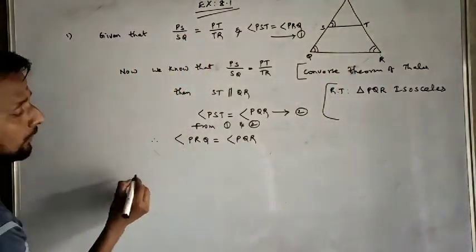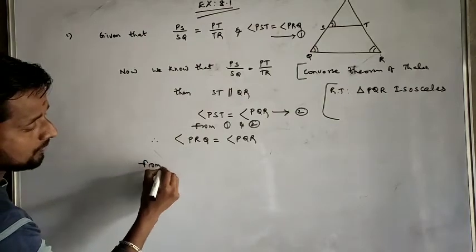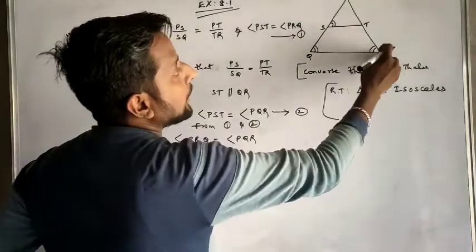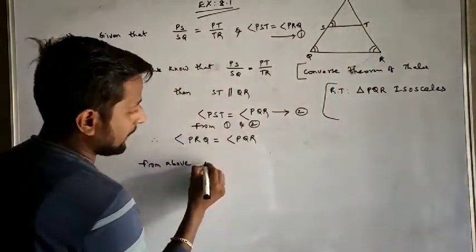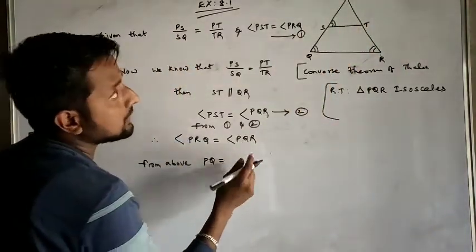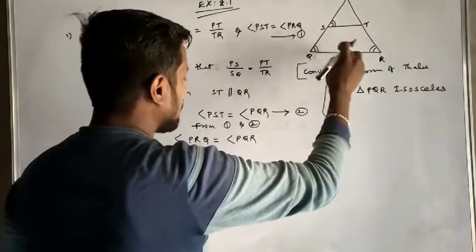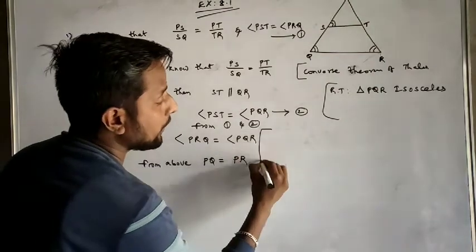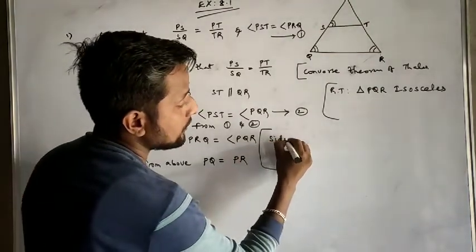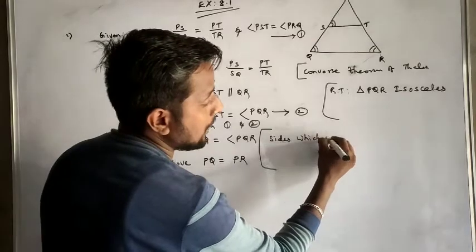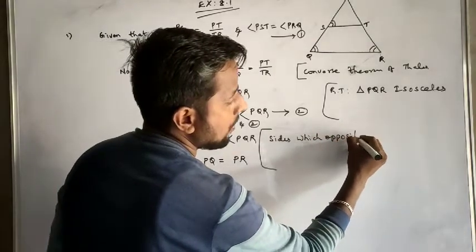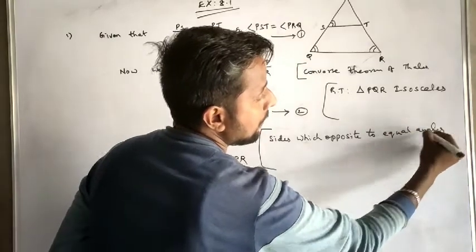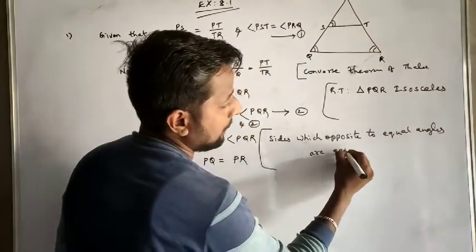So from above, the side opposite to angle PRQ is PQ, and the side opposite to angle PQR is PR. Why? Because sides opposite to equal angles are equal.